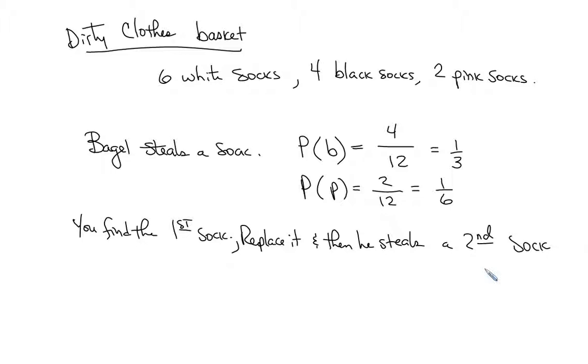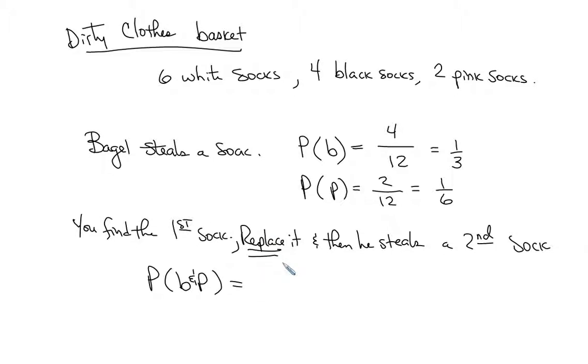Because that's the way Bagel is. He's a trickster. What's the probability that the first one is blue and the second one is pink? I'm sorry, black and pink. Sorry, I usually use blue when I do this. So, first of all, is this independent or dependent? Independent. Why?